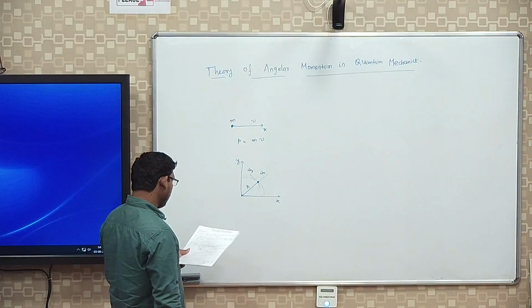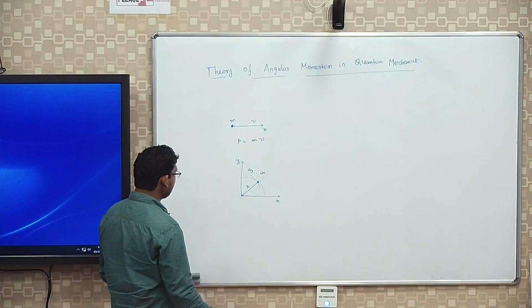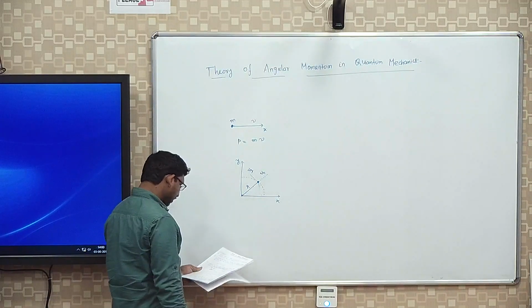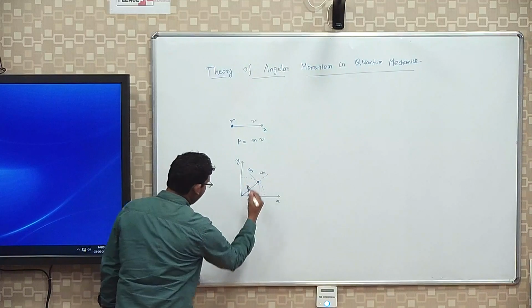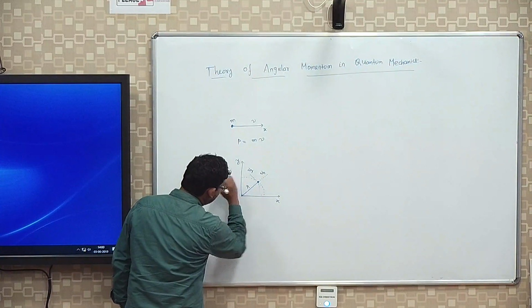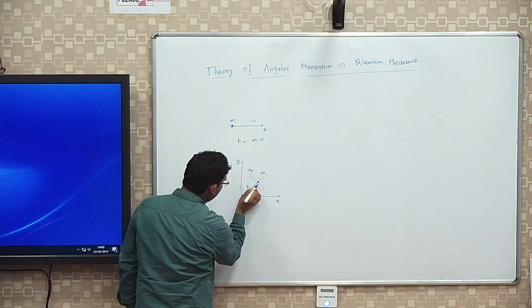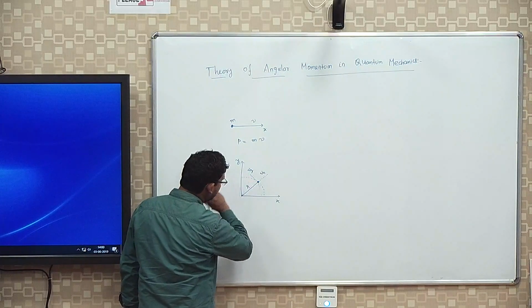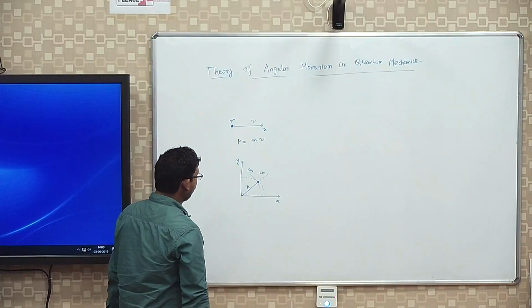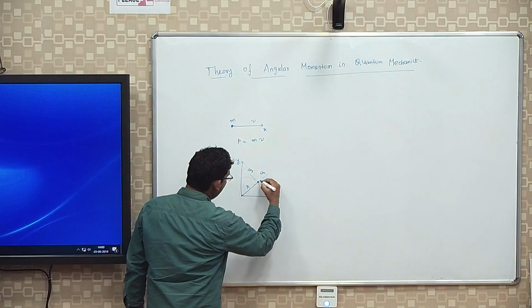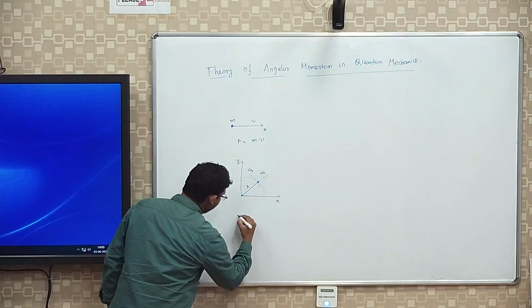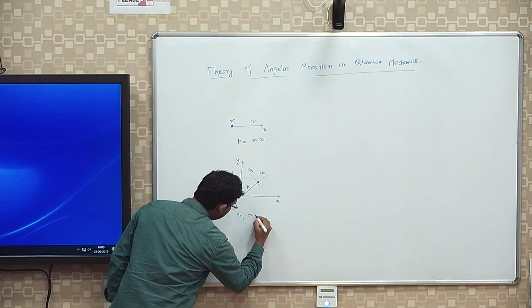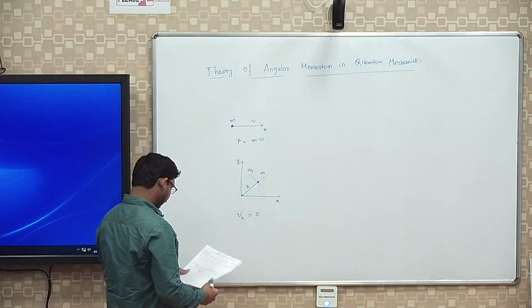Suppose the particle moves around the origin of the circle with radius r. If the particle is making a circular path, the particle only has velocity in the cross radial or tangential component, and the parallel component v parallel becomes 0.